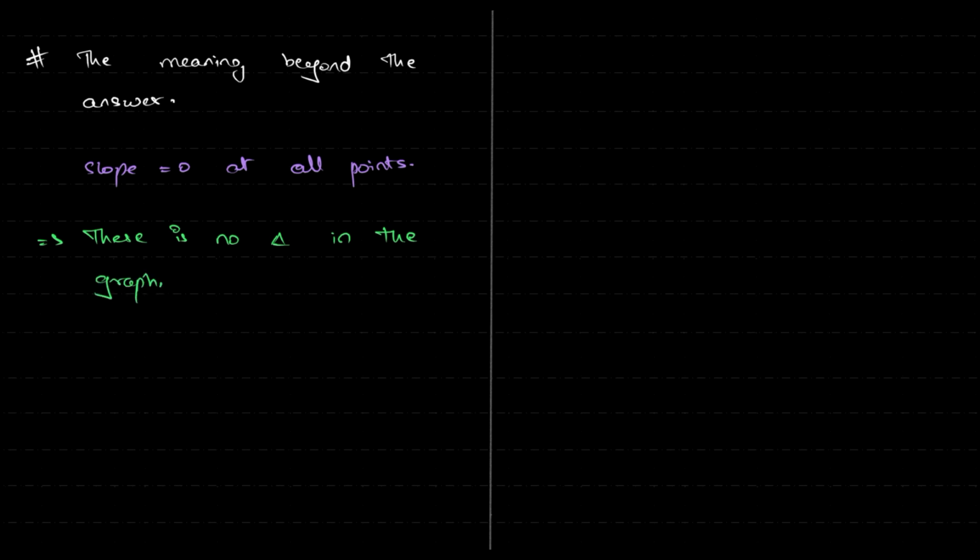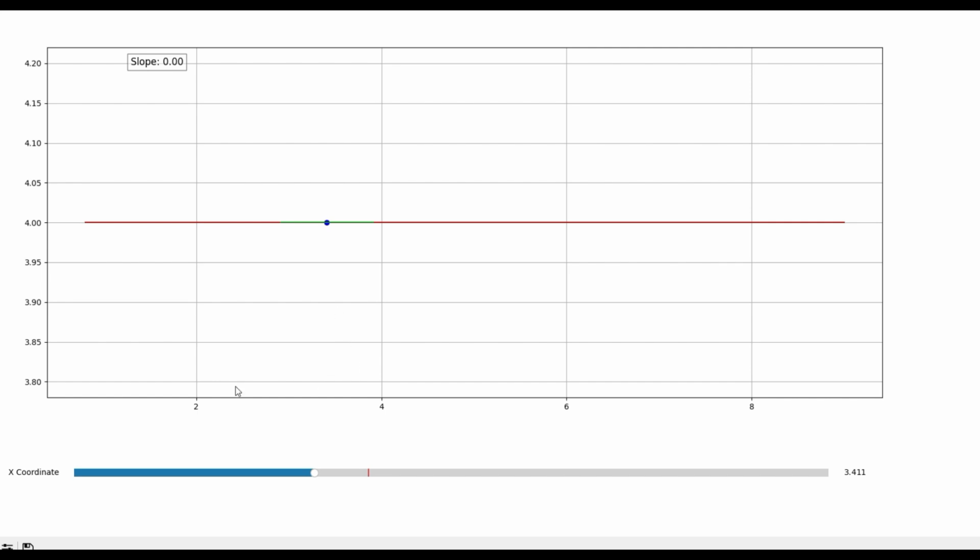Okay, so let me show that. This is a graph which is parallel to the x-axis. The derivative of the line is shown by this green color at different points, and the point being this green dot. So you can see that the slope over here will not change. Wherever I go, it remains the same. And this is parallel to the x-axis as well.